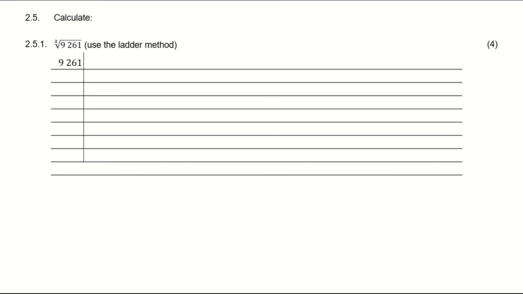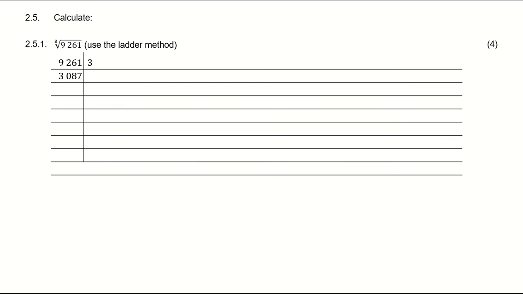The answer is no. Can 3 go into 9,261? The answer is yes. 9,261 divided by 3 will give you 3,087. Now, let's look at the lowest prime number that will go into 3,087. Can it be 2?